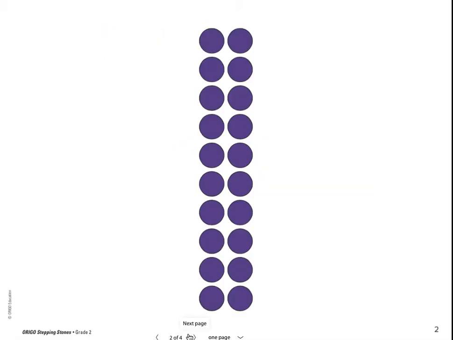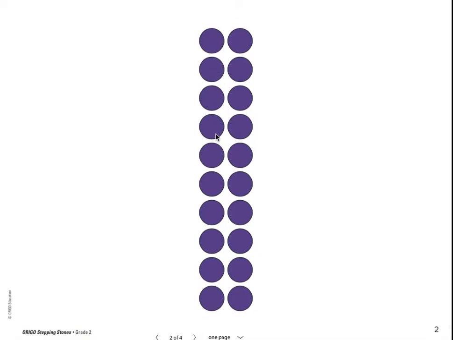What would you say if I asked you how these dots are arranged? If it were me, I would say there are 2 columns with 10 dots in each column, right?